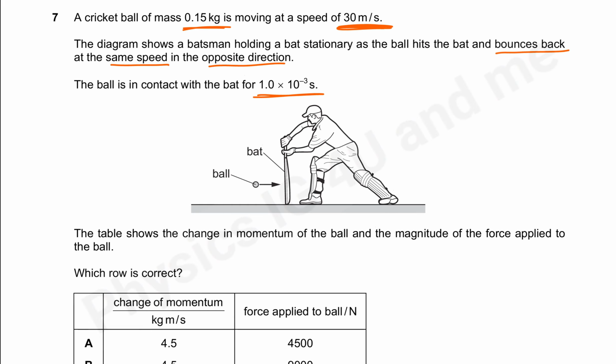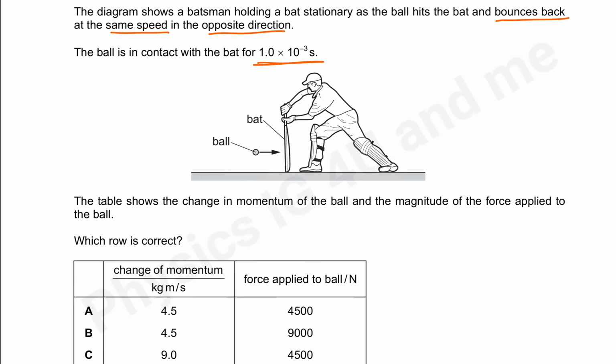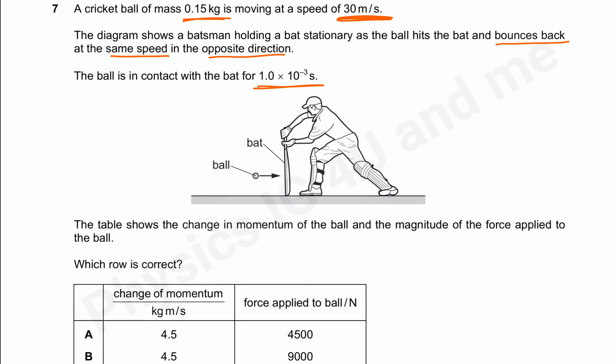Okay, so to find the change of momentum, let's remember, change of momentum equals the final momentum minus the initial momentum. Final momentum is mass multiplied by final speed. Initial momentum is mass multiplied by initial speed. Remember, initial speed is u.